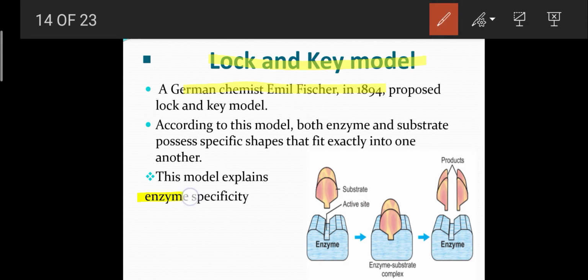So according to the lock and key model, enzymes and substrate possess specific shapes and they fit into one another. The substrate possesses a specific shape that fits into a specific enzyme. Then the enzyme substrate complex is formed and the further reaction proceeds.